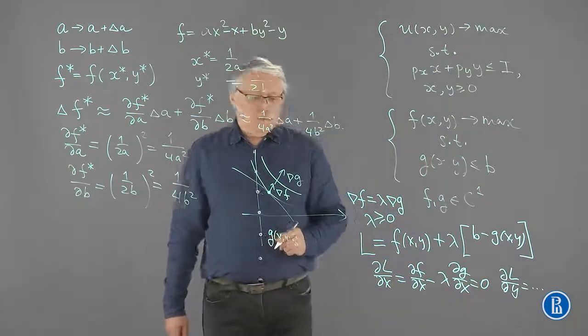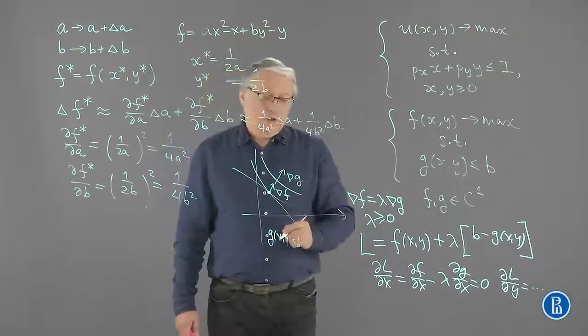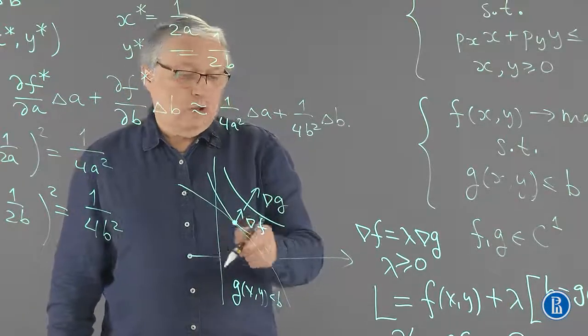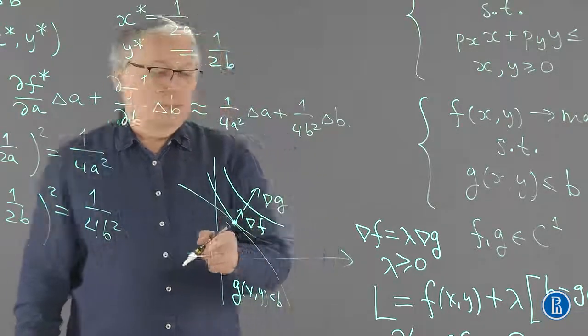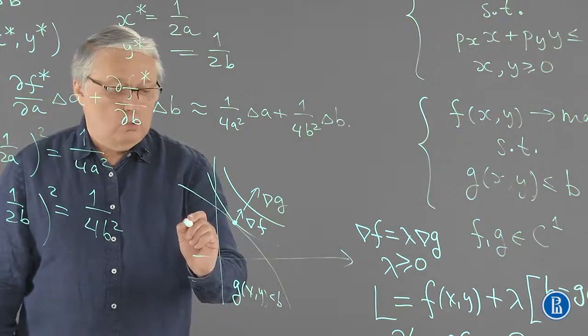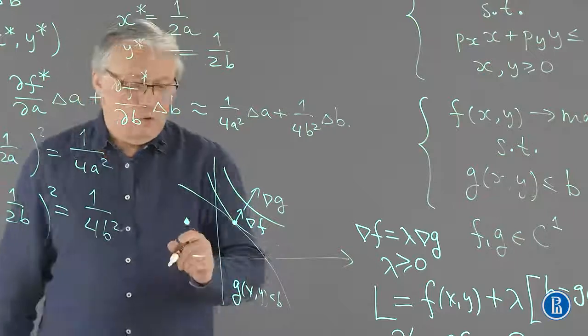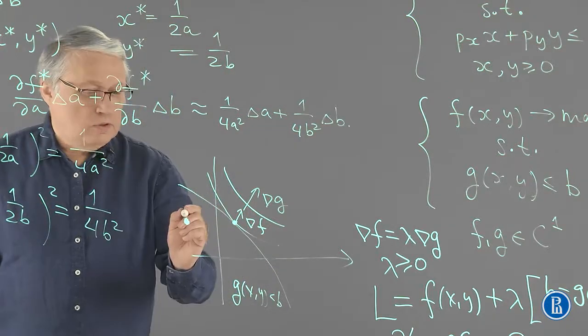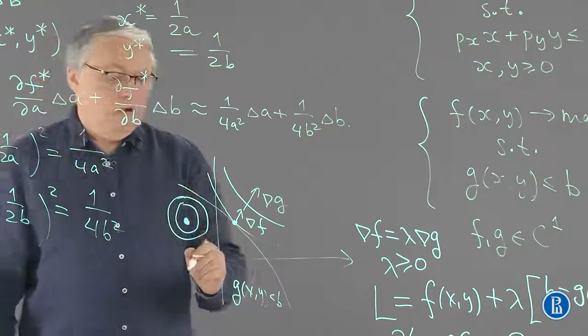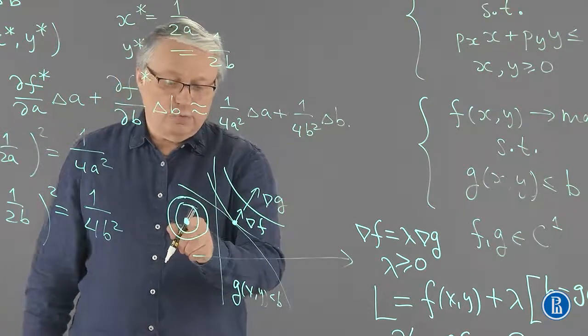Now, how to consider the additional case, when we need to reconsider the picture. Maybe function f has a maximum within this set. So if it does, then these are the level curves of function f, and it takes the greatest value here at this point.